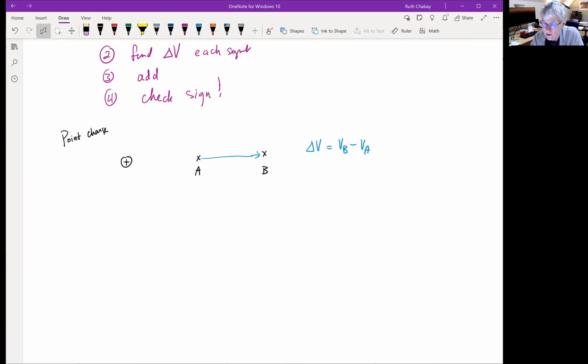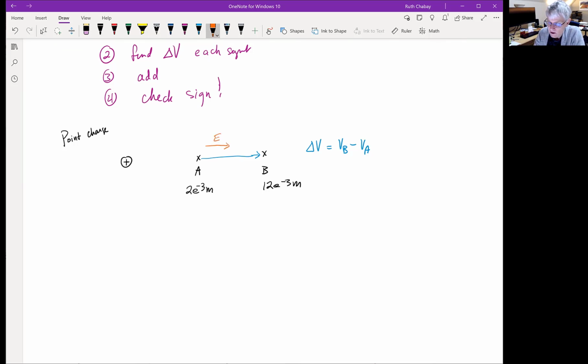Now, we have some numbers here. We can say this is 2 millimeters, and this is 12 millimeters, or whatever, but we're going in the plus X direction. So this is our delta L. But we have a problem here because the electric field of the point charge is actually varying a lot along here.